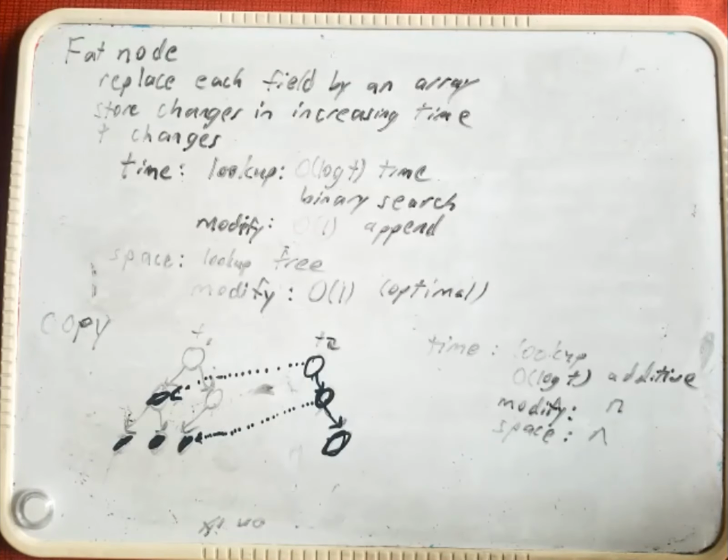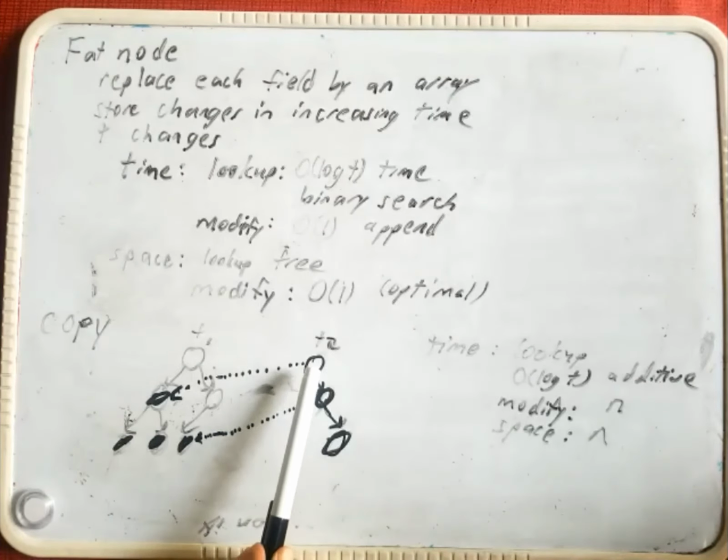I've just reduced the amount of space that I used and the amount of time that I spend copying in a way that's really invisible to the usage of the data structure, right? When I am doing a lookup, I'm still going to do a binary search among the roots and find the appropriate root. And then I will follow pointers from the root.